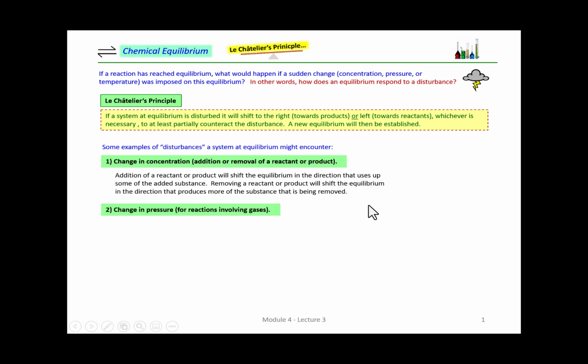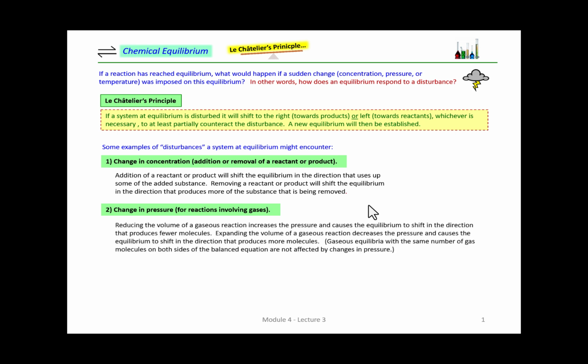Another way you could disturb an equilibrium is with a change in pressure. This specifically covers reactions involving gases. If you reduce the volume of a gaseous reaction, it's going to increase the pressure, and it's going to cause the equilibrium to shift in the direction that produces fewer molecules.